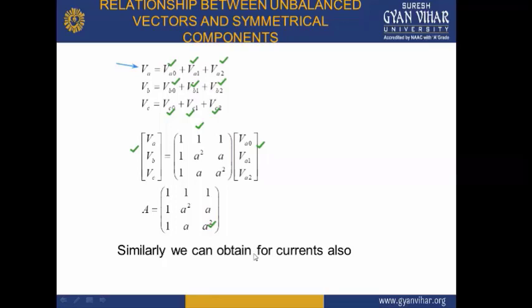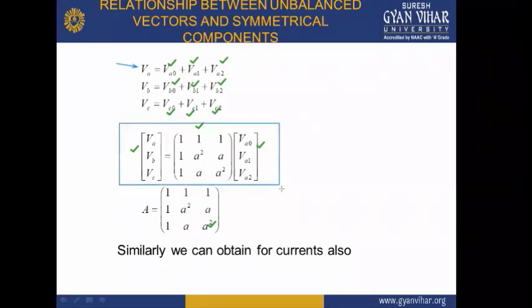Here alpha has a magnitude of 1 and an angle of 120 degrees. So in this way, if I write this alpha matrix in this fashion, I will be able to create a matrix which makes the system balanced.